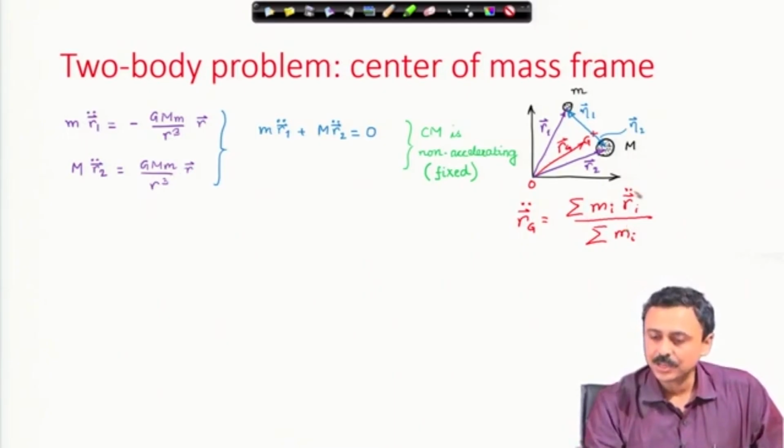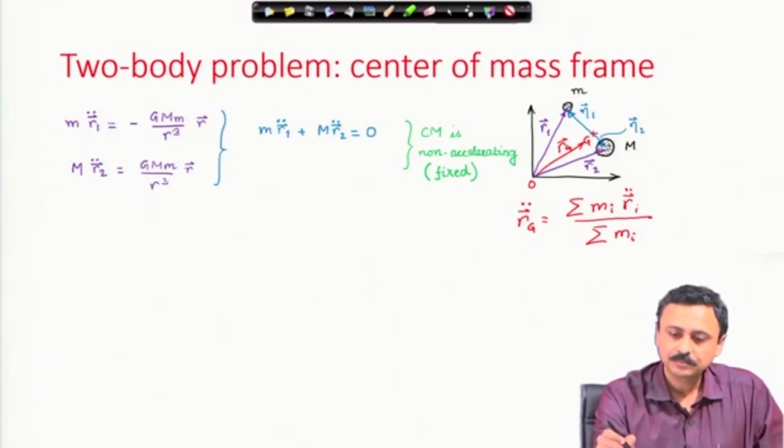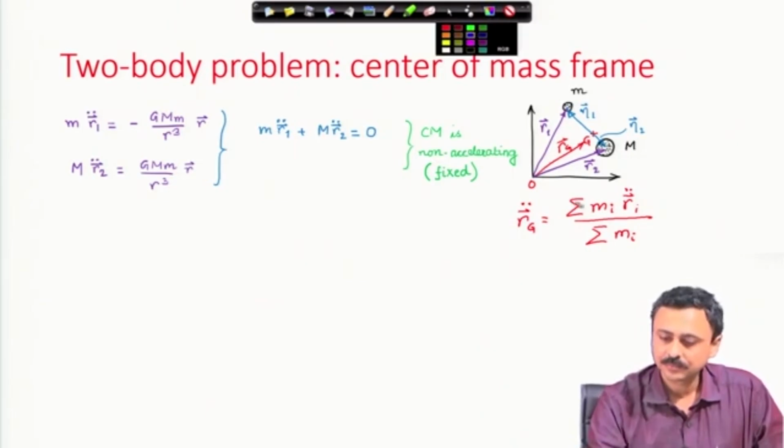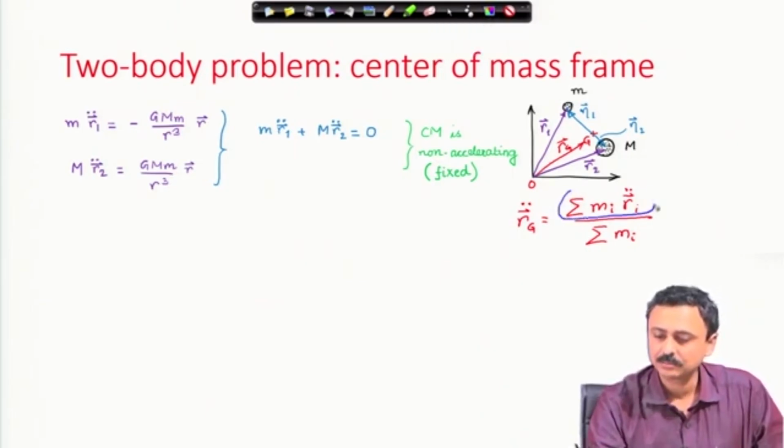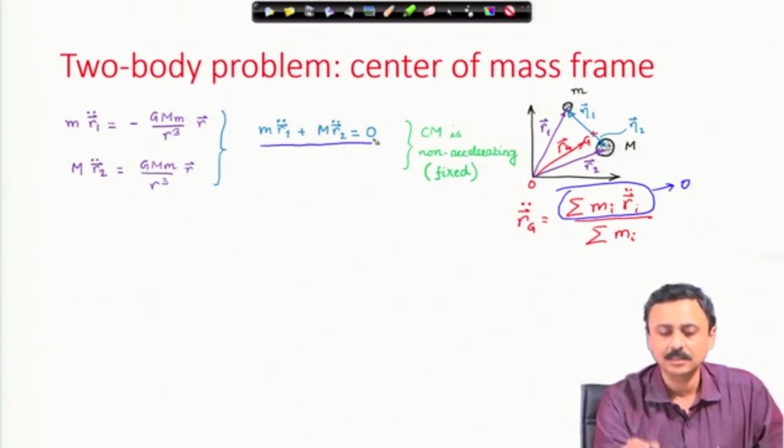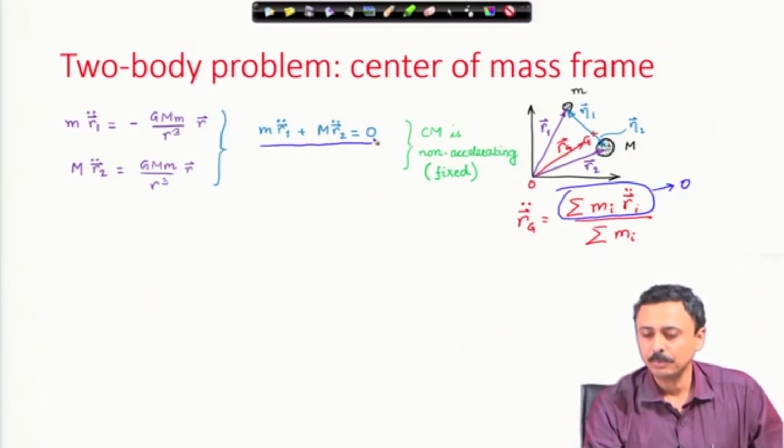Now, if this summation goes to 0, as it has occurred here, it means that rg double dot must go to 0, because summation of mi is not 0.